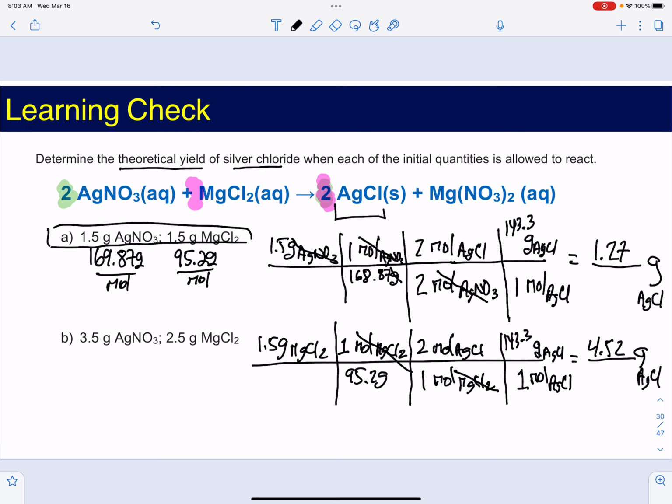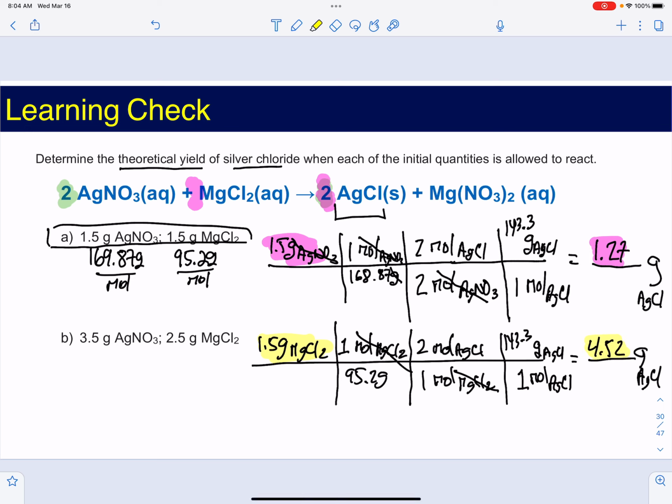So now we can compare. If silver nitrate was the limiting reactant, we can produce 1.27. If magnesium chloride was the limiting reactant, we can produce 4.52.